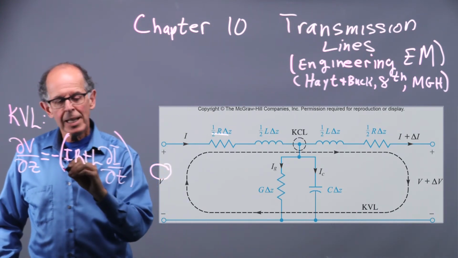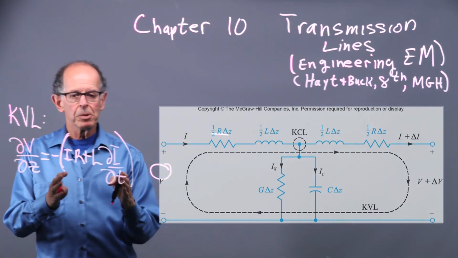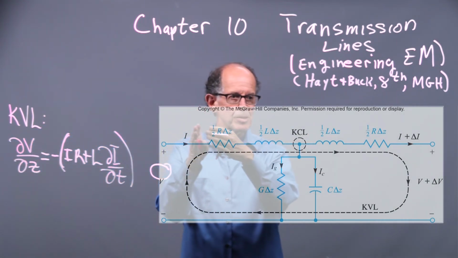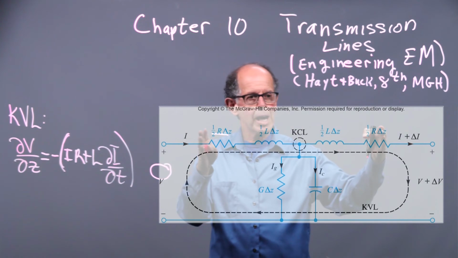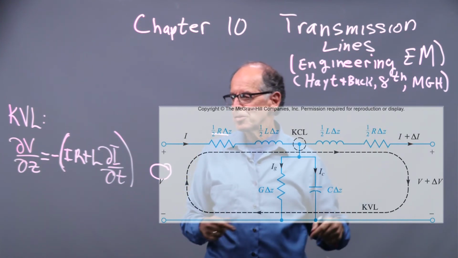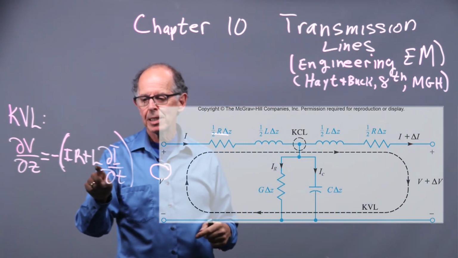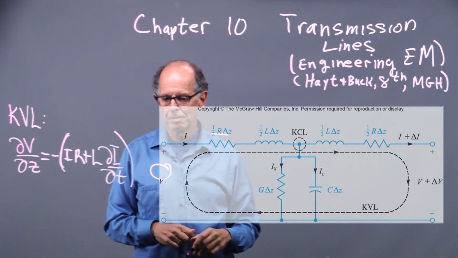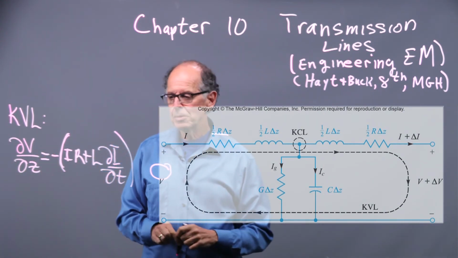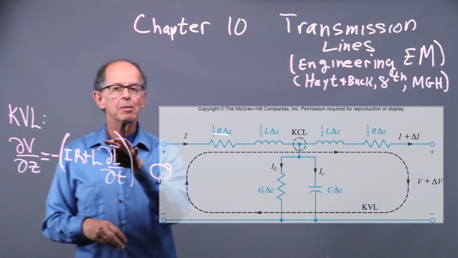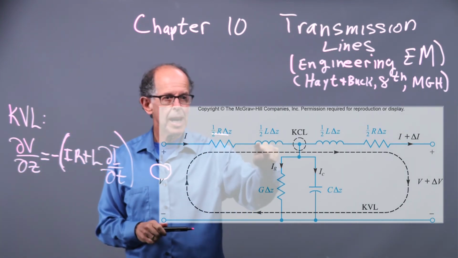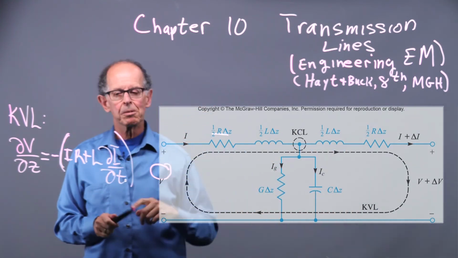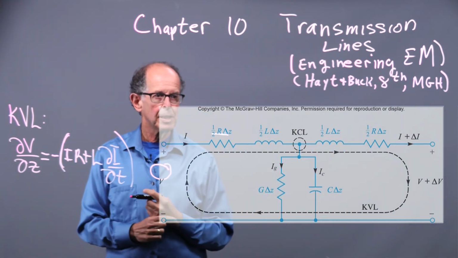So you can kind of get that intuitively from looking at the line itself here. These are kind of the drops across the line for a small delta Z. An IR drop and an L dI/dt drop and a reduction in the voltage. So that's the first thing we do, and that's going to be a class exercise. In class, you're going to do the exercise with the KVL around the dashed line.